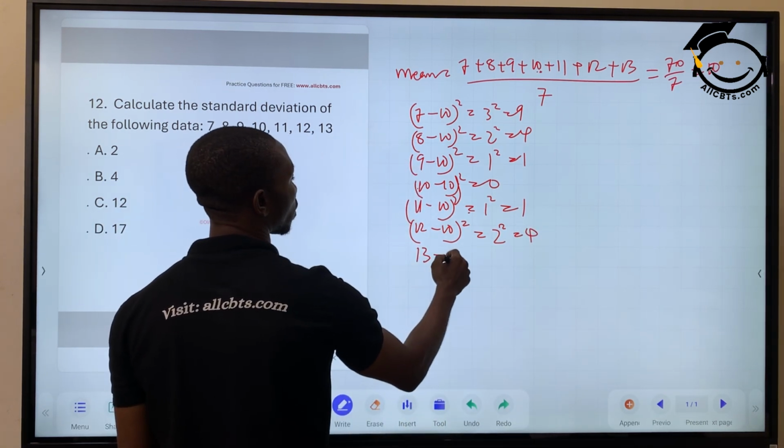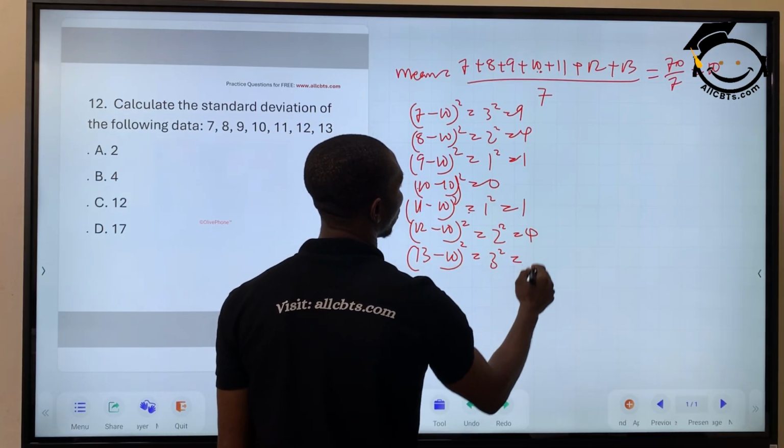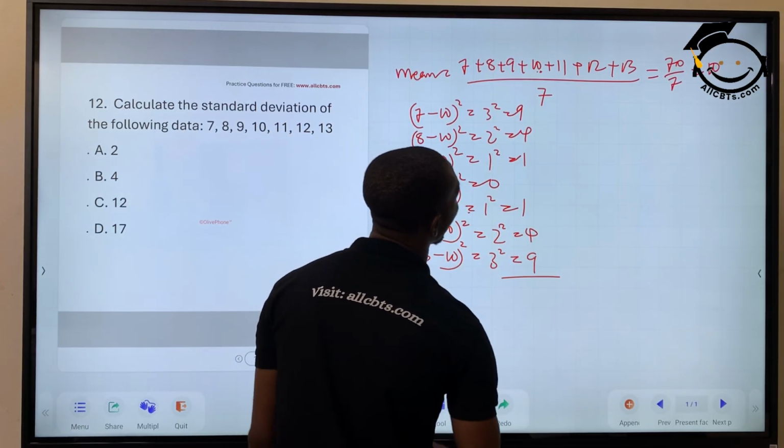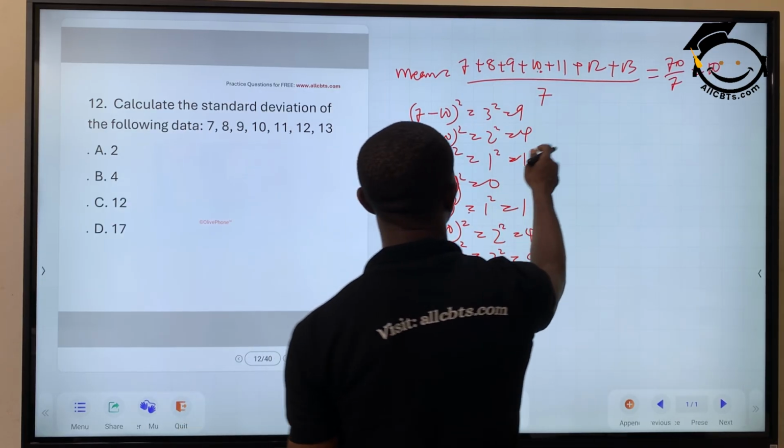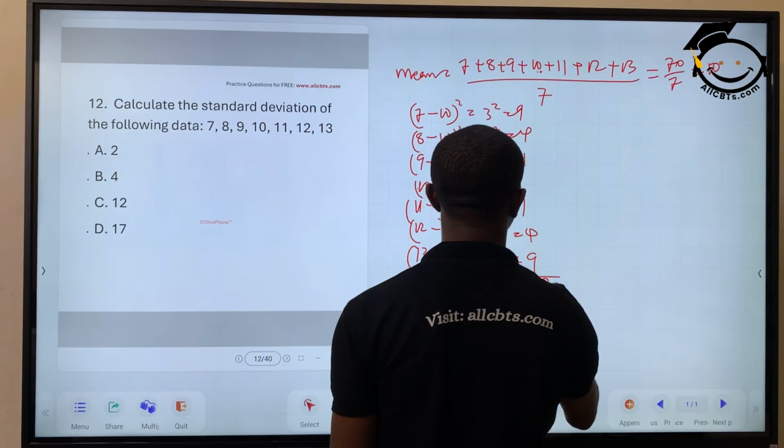And 13 minus 10 all squared is 3 squared, which is 9. Add all these up together, we have 28.